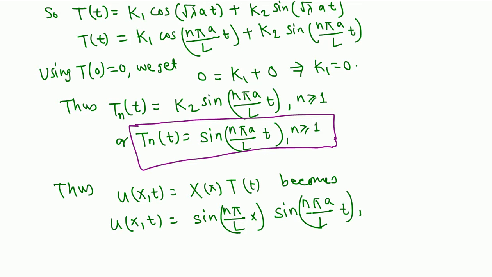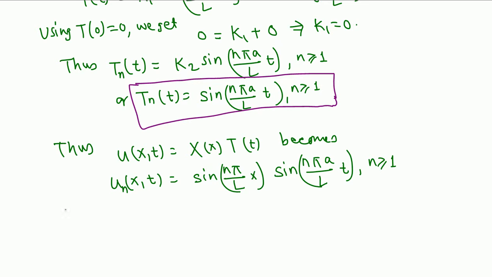And we got infinitely many, so we need to put n here as well: u_n. So these solutions form a fundamental set of solutions, and when we write down their linear combination, that becomes the general solution.